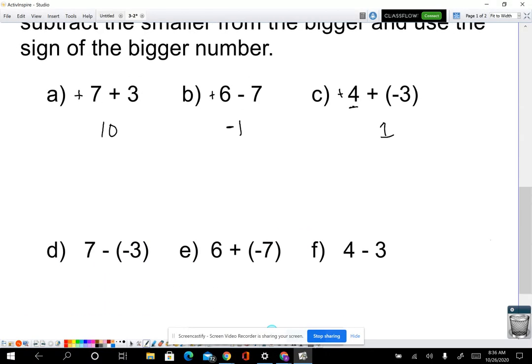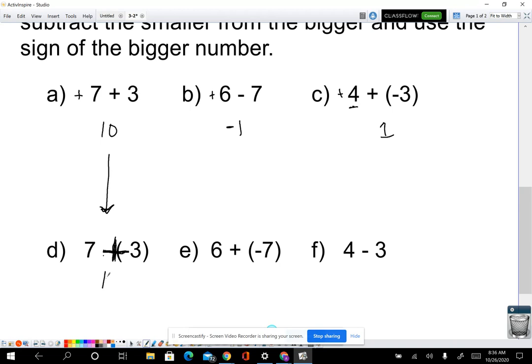Now, I put these examples here because I want you to see how these two relate to each other. So a +7 minus a -3. That minus a -3, those two negative signs right together make a positive number. So we take the operation and the sign, put them together, and it makes a positive.